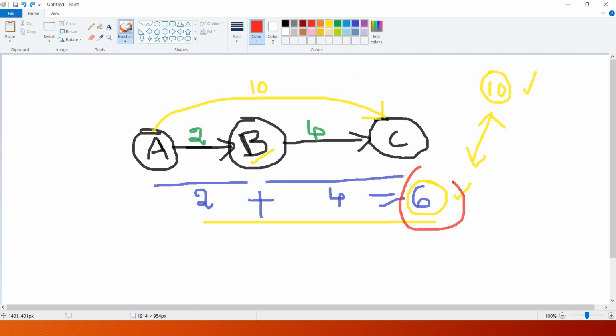This 6 is smaller. So taking the help of an intermediate node leads to the lowest cost. All pair shortest path means we will check the path between every pair of vertices, find out what exactly the total cost is, and try to manage with the minimum cost.